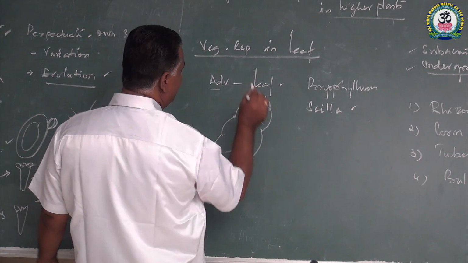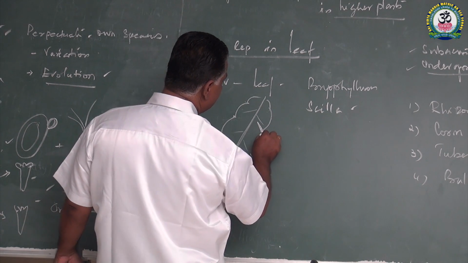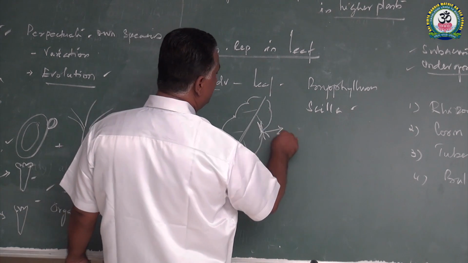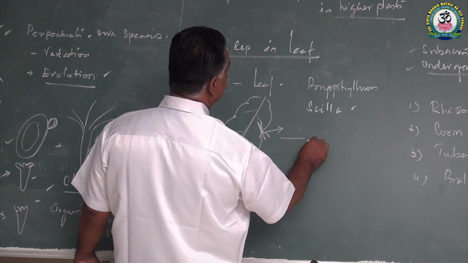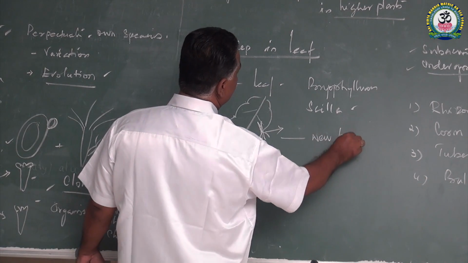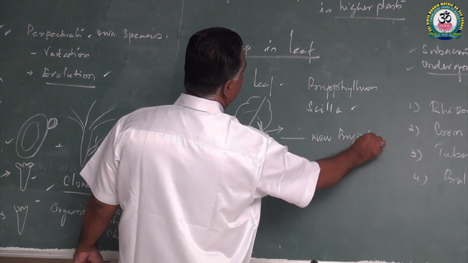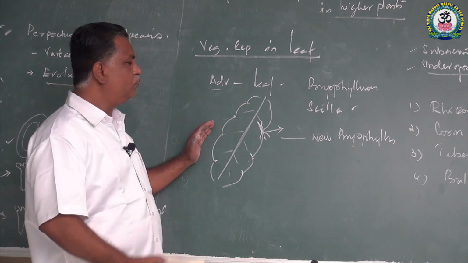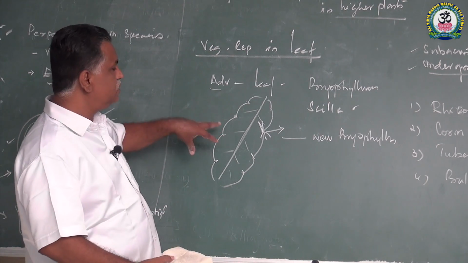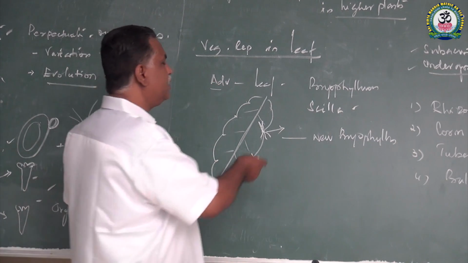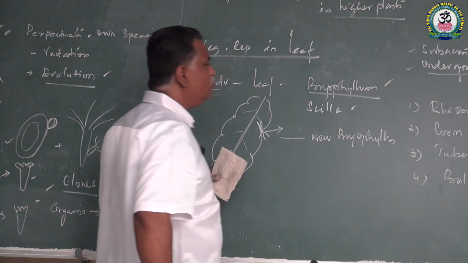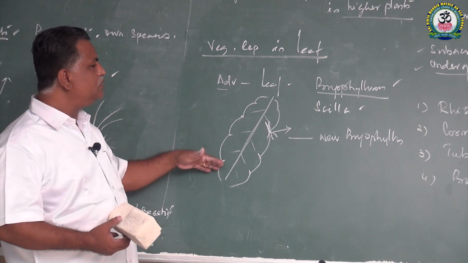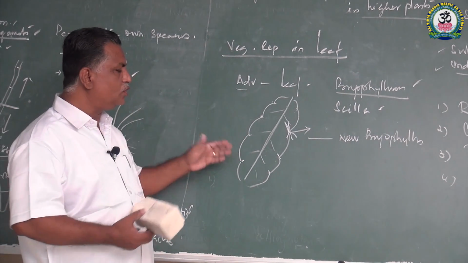Each adventitious bud produces a young plant, and if it is detached from the mother leaf, it can grow into a new Bryophyllum. Succulent leaves are meant for storage of food and also to reduce transpiration. But in this special category, the succulent leaves are involved in vegetative propagation by producing vegetative buds in their notches.